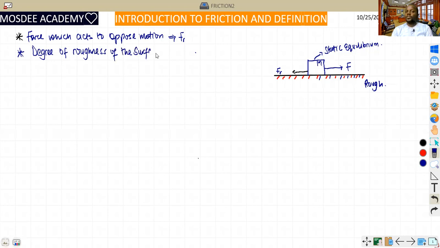If we look at this body under a microscope, we will see that because of the roughness of the ground, there will be some kind of interlocks at this layer. That is the roughness of the surface, which I'm trying to bring out in a microscopic view. So due to this roughness of the surface, there will be friction.